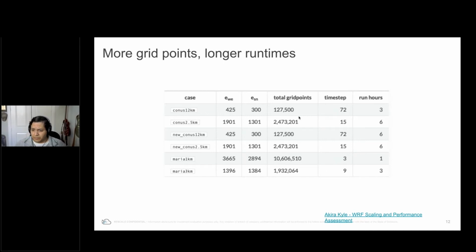Not only is this scaling up very large, but you're also increasing the amount of runtime. If you want to decrease that runtime and stay within the time constraint that usually comes with operational forecasting, you have to really increase the number of cores that you're running with.